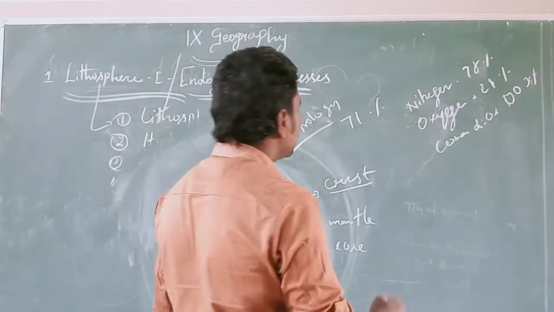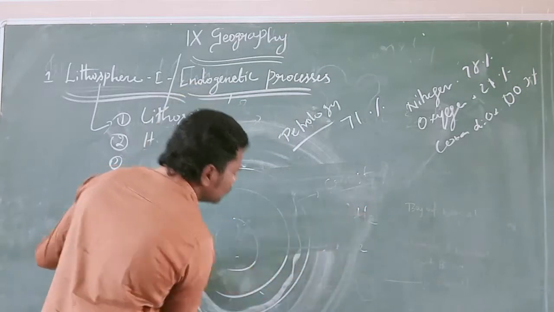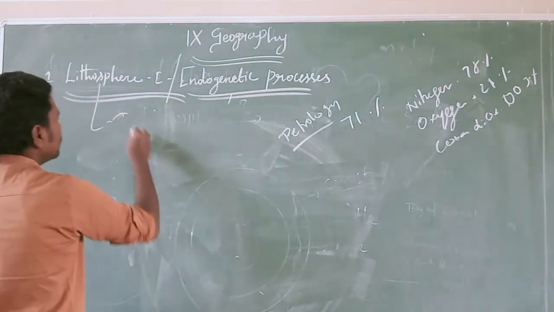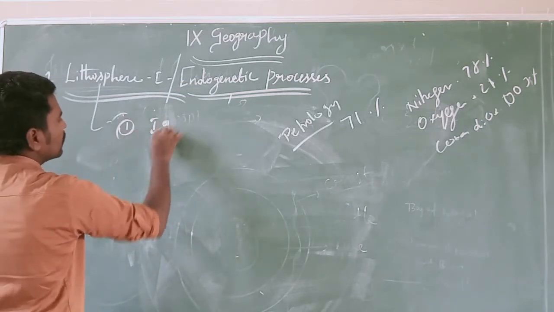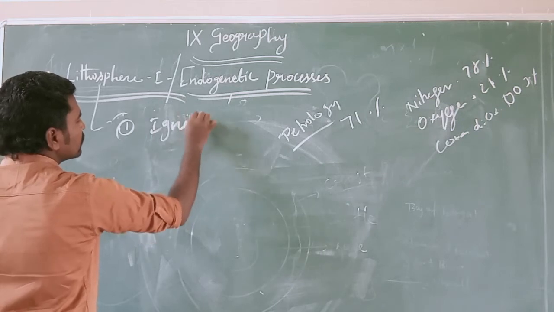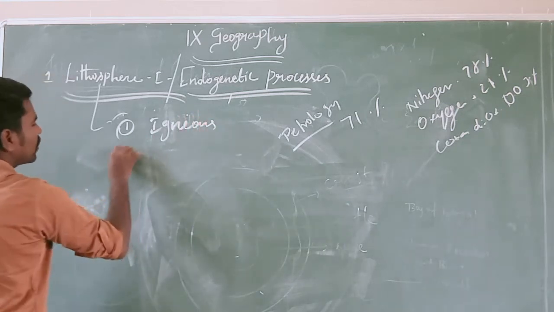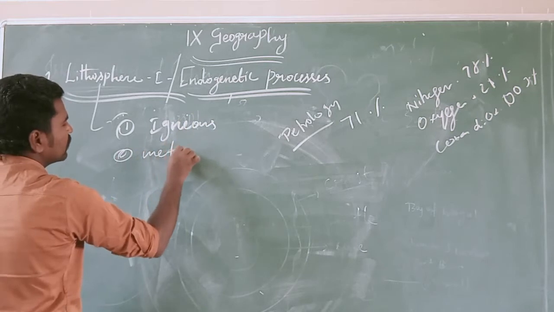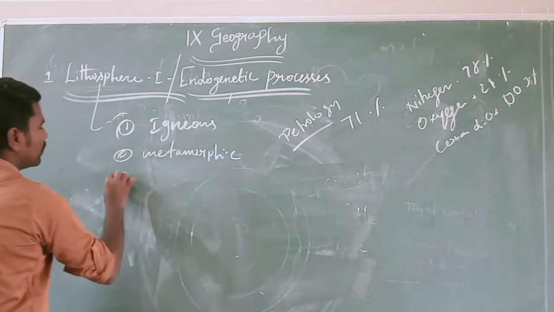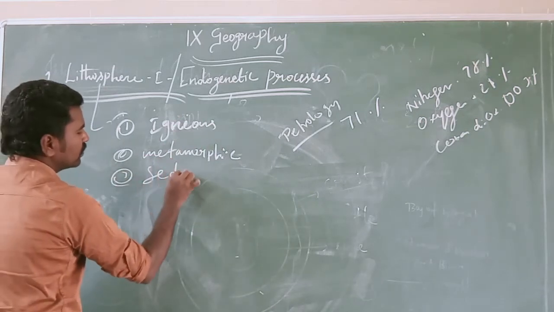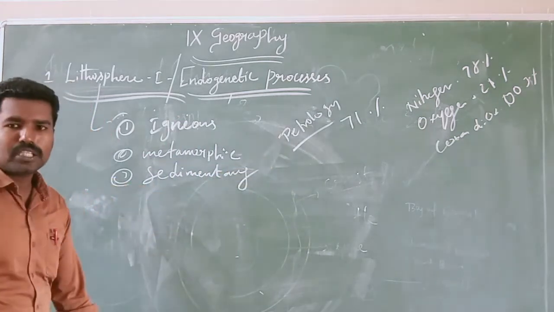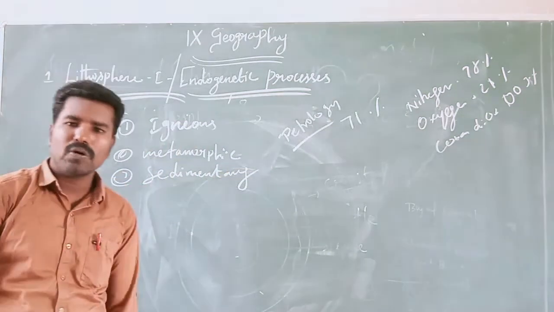The first type is igneous rock, then metamorphic rock, and sedimentary rock. These are all the types of rocks.